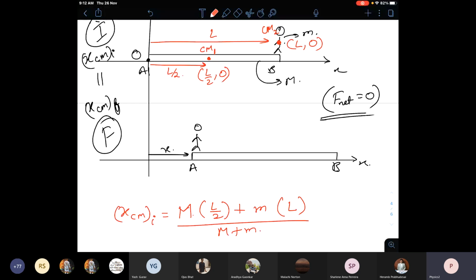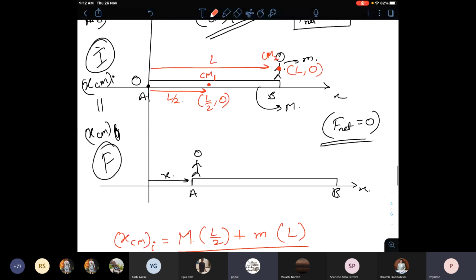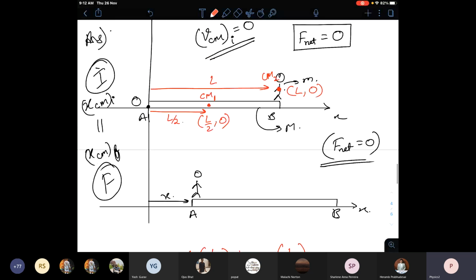Excuse me, sir. Yes. So I got disconnected. Can you explain how you got L by 2 and L? Okay. Now see, L by 2 is basic. The center of mass of the rod is at a distance of L by 2 from one of the ends. In the last class we had written that table, the complete list of center of masses.